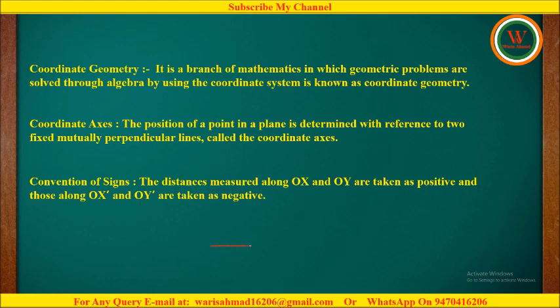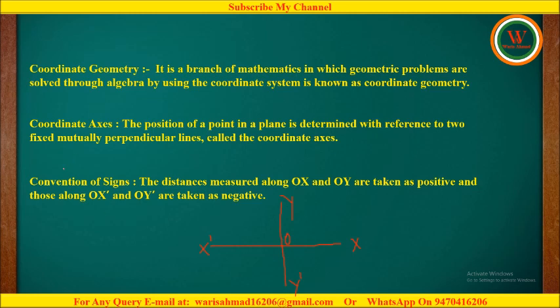Suppose we are having the horizontal line and this is the vertical line. As I said, this is the x-axis. Now this will represent x dash, this is y, and this will represent y dash. The intersection of these two axes is termed as origin, which is represented by O.